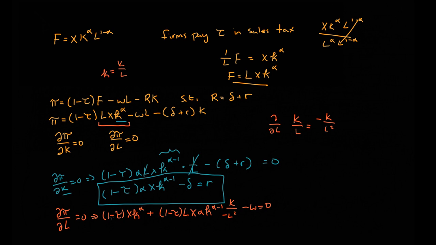Okay, so we can factor some stuff. We can factor the tau, that's easy, and the x, that's easy. And then we can also factor a k alpha.